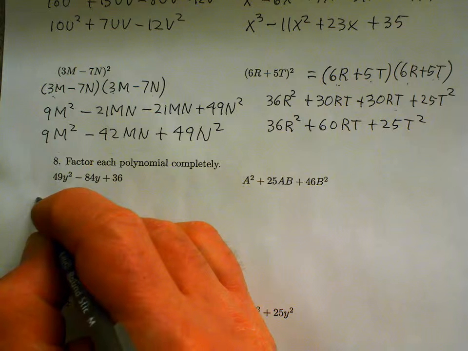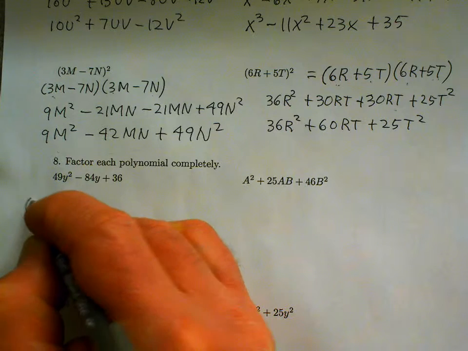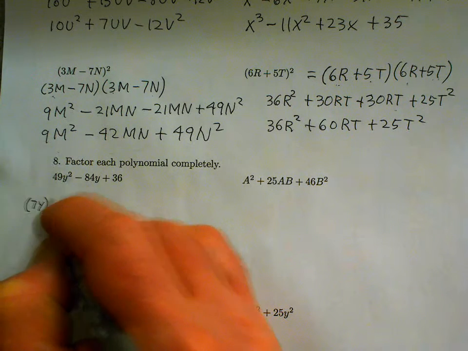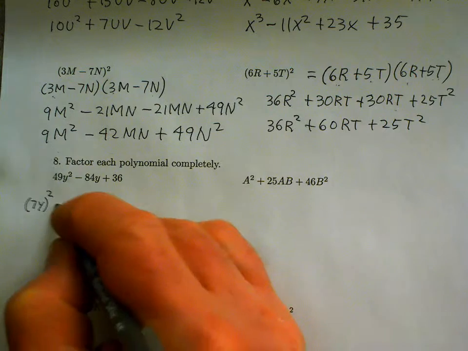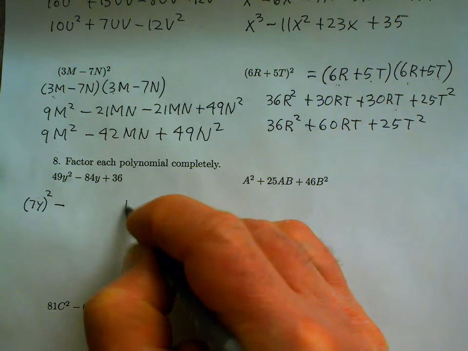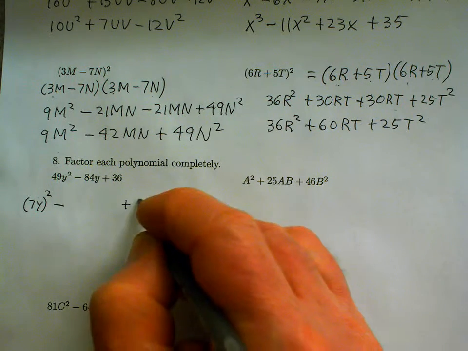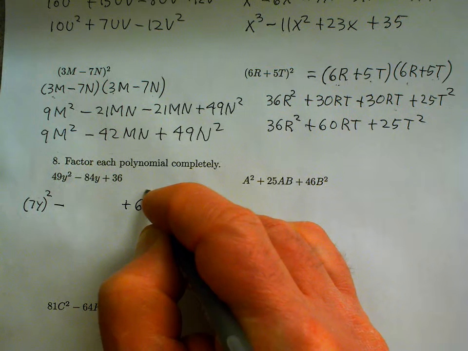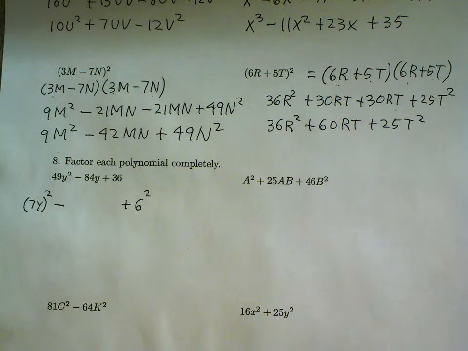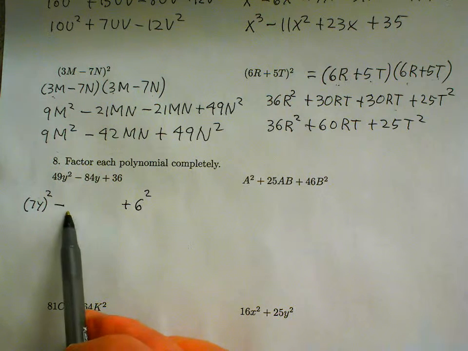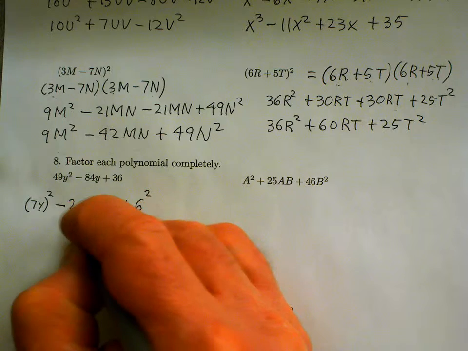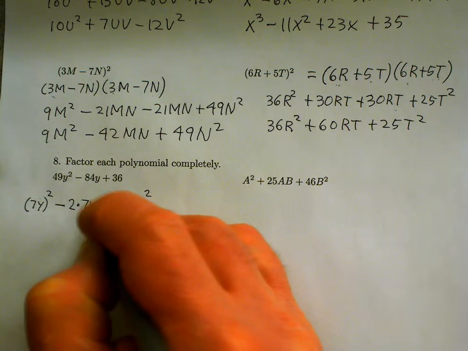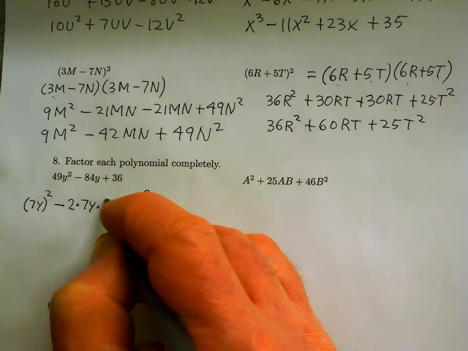So 49y to the second is the same as squaring the term 7y. And 36 is the same as squaring 6. So we want to know if the middle term is minus 2 times 7y times 6.